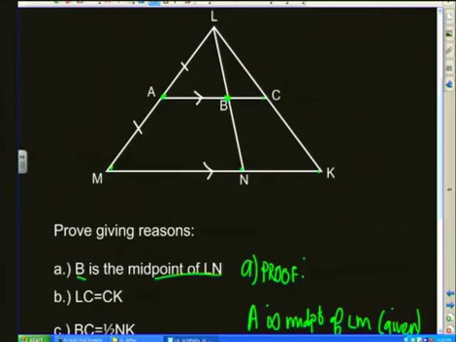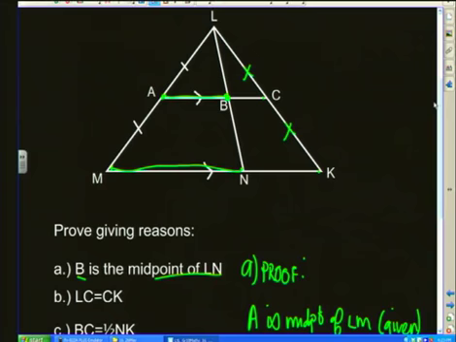We've identified parallel third sides. Therefore, it stands to reason that the other side that AB is connecting to must be the midpoint of LN. Similarly, if we look at part B, it's saying prove that LC is equal to CK. So in other words, show that C is now the midpoint.